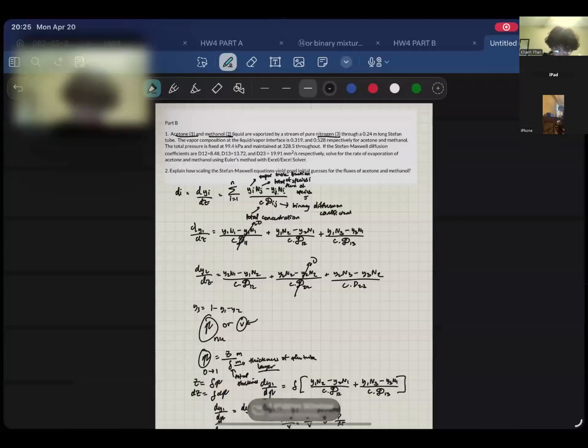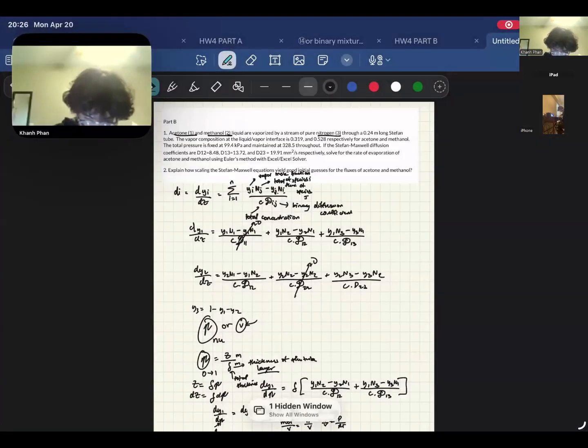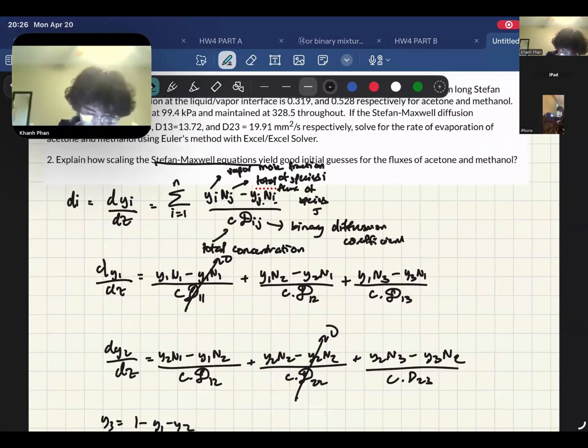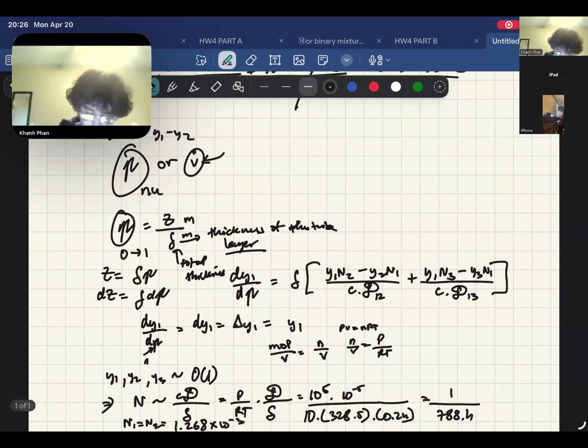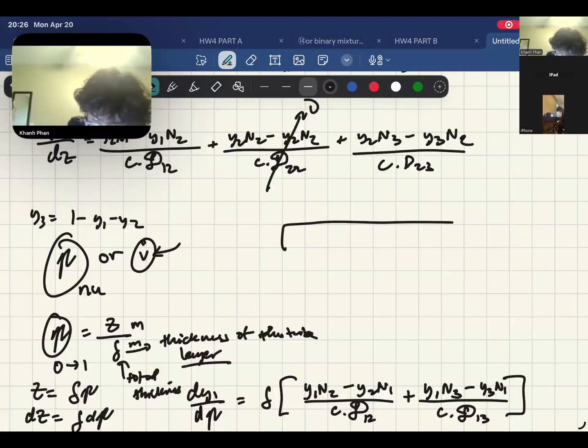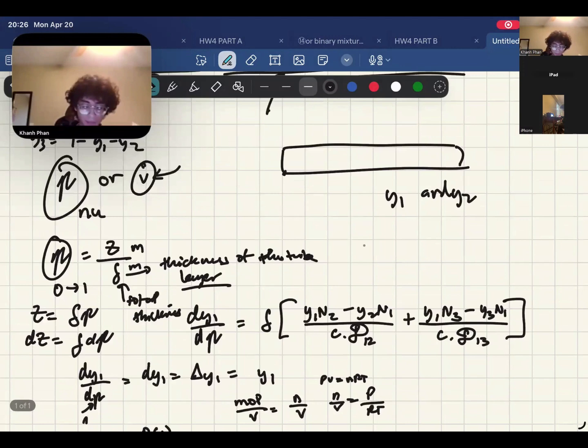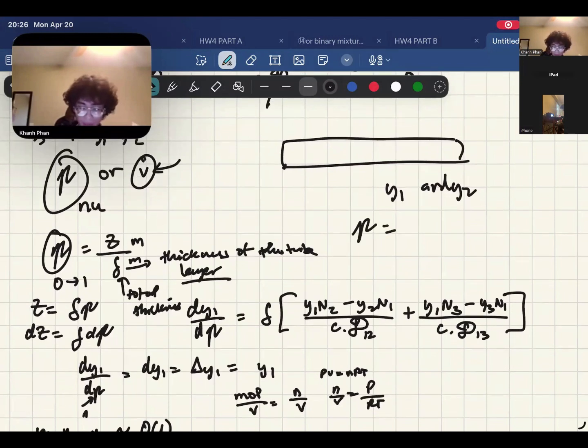So over here, the Maxwell equation: why do you get a good initial guess with scaling? Imagine with the scaling, we are able to have an accurate guess, or a magnitude guess, of our y1 and y2, because this scale is z over the total length.